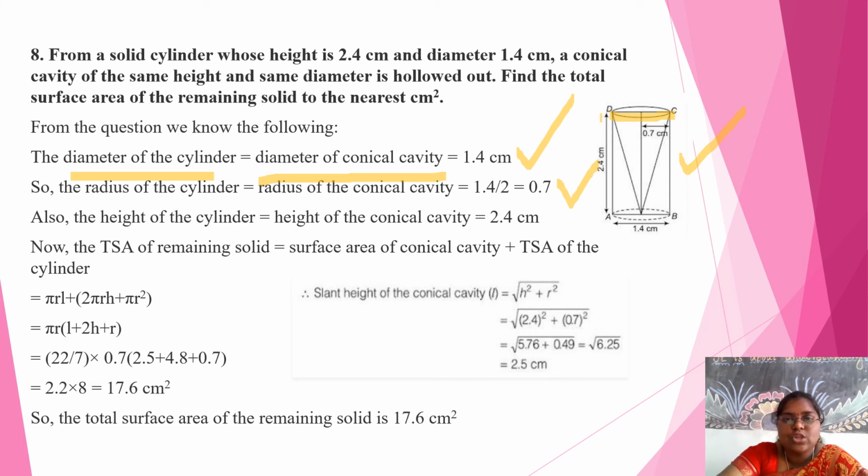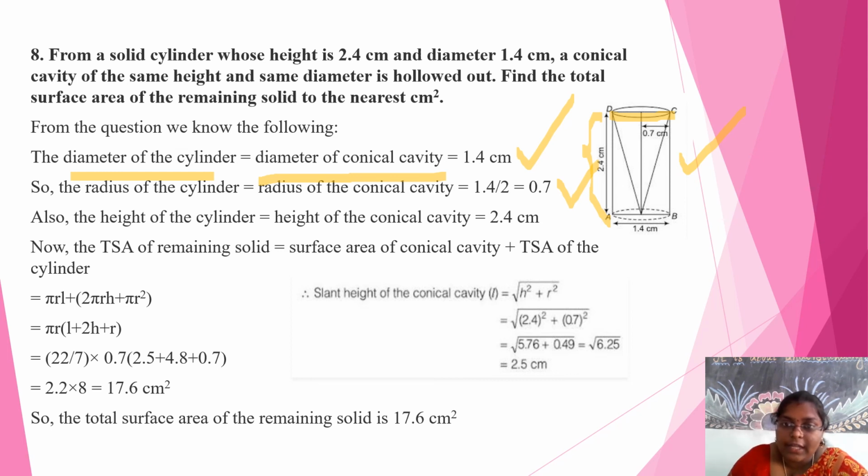Now the height of the cylinder is 2.4 centimeter, they have given. Now we are going to find the total surface area of the remaining solid. How are we going to find it? The surface area of the conical cavity plus the total surface area of the cylinder. If we add both, we will get the full figure, right?